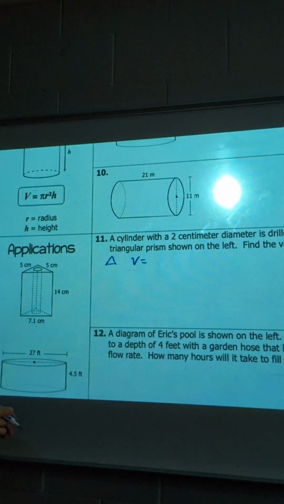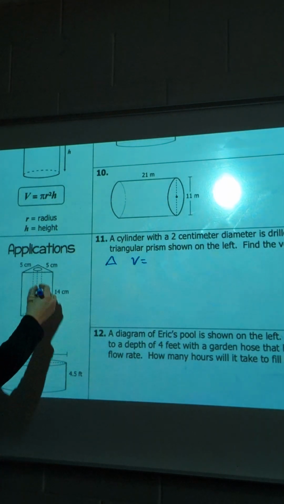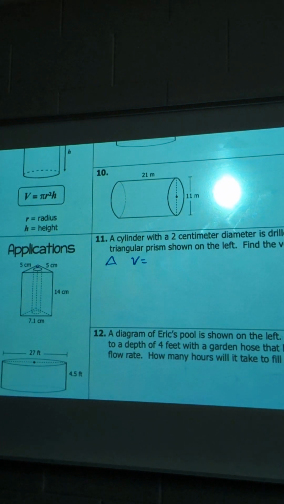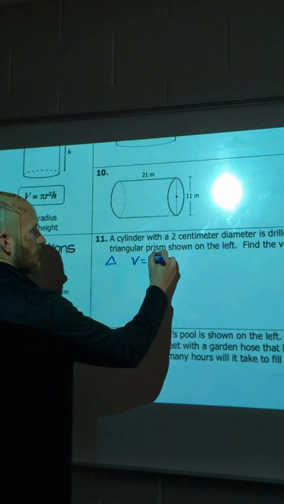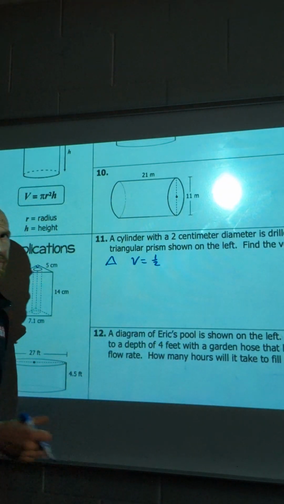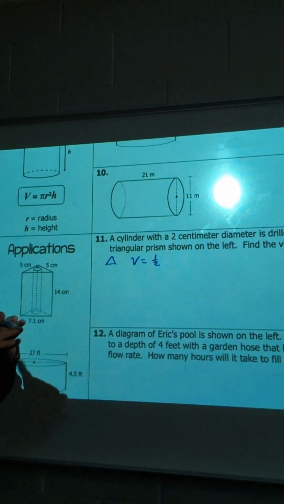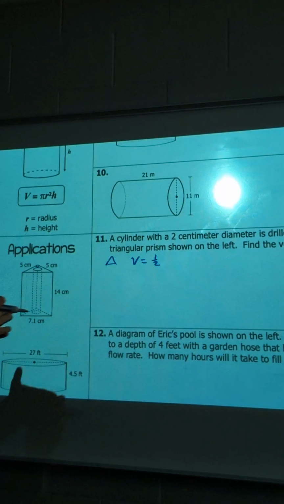So for the triangular prism, volume is going to be... One thing that's really hard to tell is that there is a 90-degree angle in the very back. So how would I get the area of the triangle? Yeah, 1/2 base times height, and those are going to be the two perpendicular sides there.